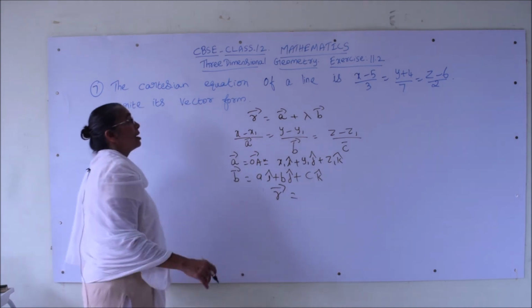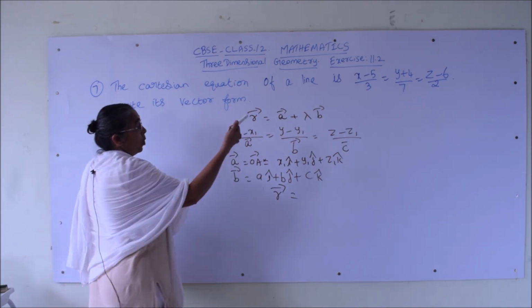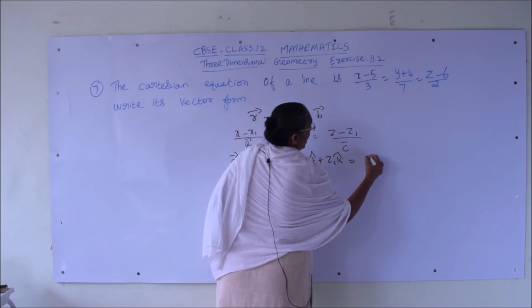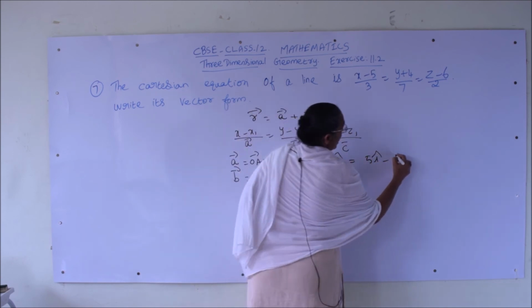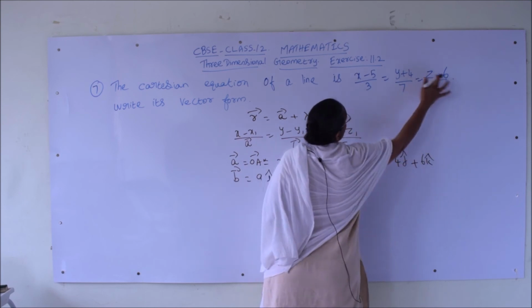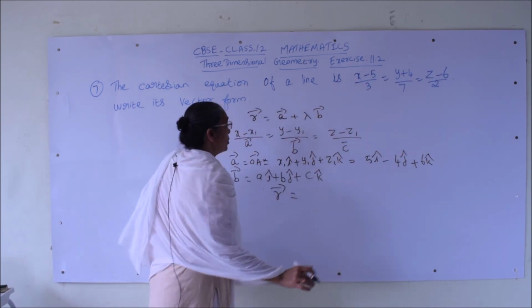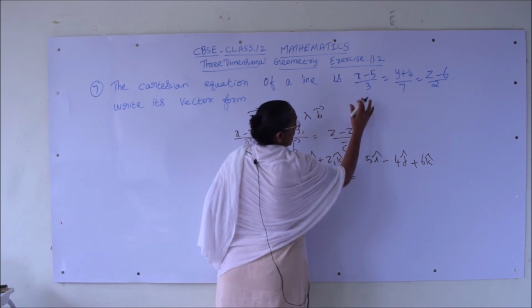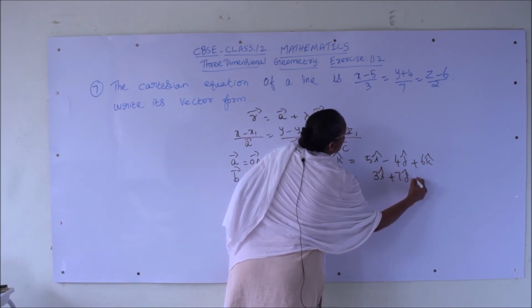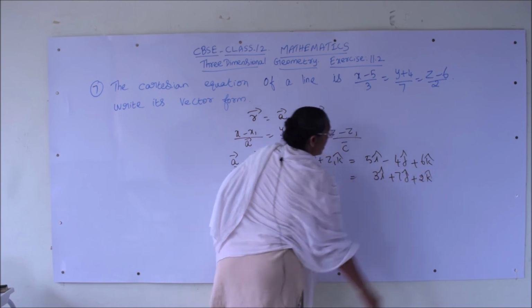So r vector equals OA, which is 5i cap minus 4j cap plus 6k cap, from these values. And what about the b vector? The DRs, 3i cap plus 7j cap plus 2k cap. Fine, children?